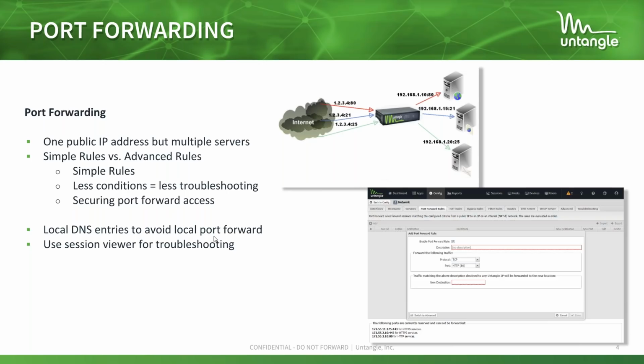Some important things to keep in mind when you're creating a port forward, especially when you're in advanced mode, is you might want to lean towards more conditions, which means it's going to be more specific and more secure and work better.